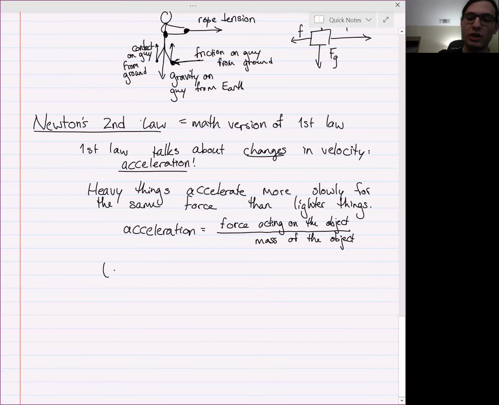So let's talk about units first. By the way, there's this notation that's used for units. You put the mathematical symbol that you're working with in square brackets. So this thing is equal to the units of force, since capital F stands for force.